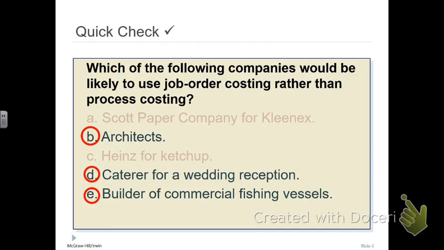Every building design is going to be different. Catering for a wedding reception: every wedding reception is going to be different and have different costs. The builders of commercial fishing vessels are all going to have different criteria and different things added, so they're all going to be different. On the other hand, Heinz ketchup, which is not job order costing but would be process costing, every jar of Heinz ketchup that's coming off the assembly line looks exactly like the one before it and the one after it.